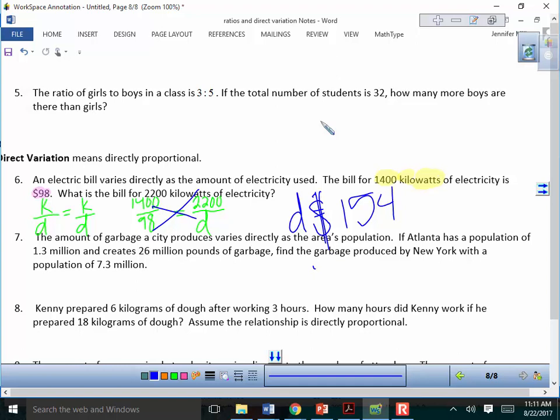Population? What does that mean? Well, let me ask you this. It says that they vary directly, right? Do you know what that means? Does that make sense, that the population or number of people vary directly with the amount of garbage? What do you think that means?